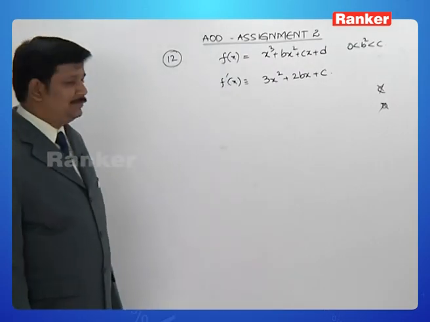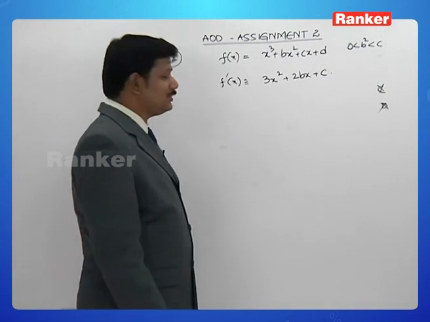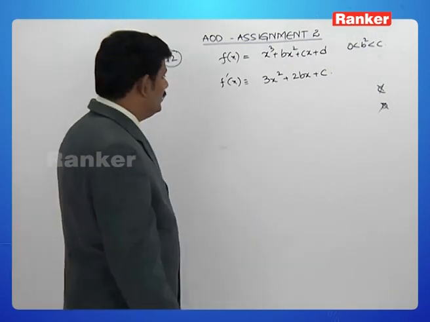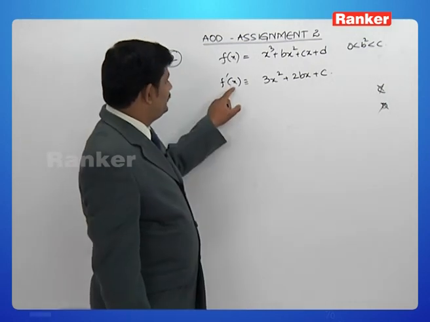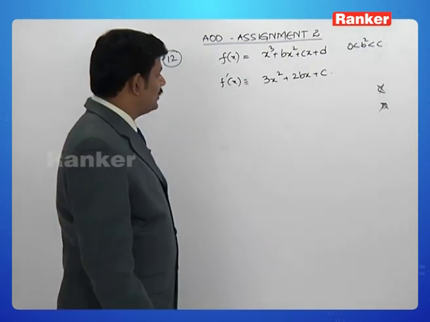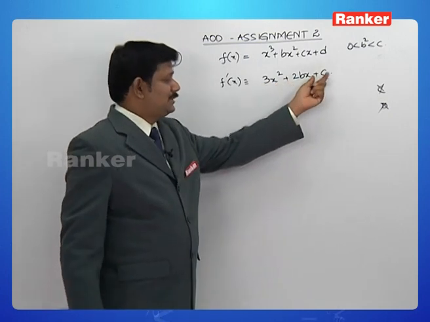So we are left with option B or A. Either the function has to be strictly increasing or it needs to have a local maxima. Observe f dash of x, it is a quadratic 3x square plus 2bx plus c.